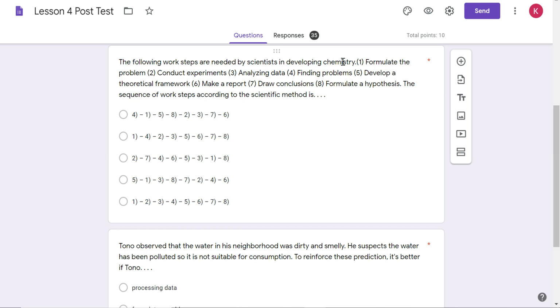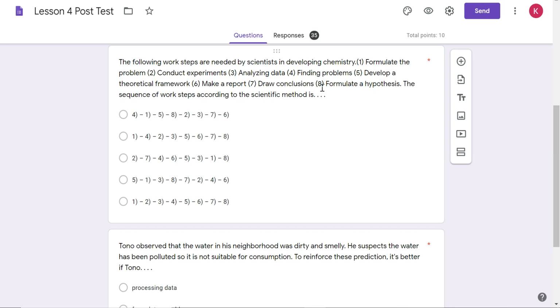And after we know the problem, then we are going to make the hypothesis. But before the hypothesis, we have to do the theoretical framework. We have to study the theoretical part of the problem. So after number 1, it is number 5, develop a theoretical framework. And after that, then we formulate a hypothesis. It is number 8. So 4, 1, 5, 8.